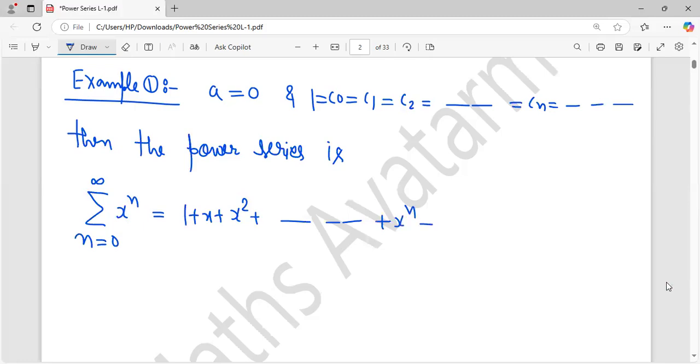The center is 0 here and the coefficients are C0, C1, Cn. Okay.